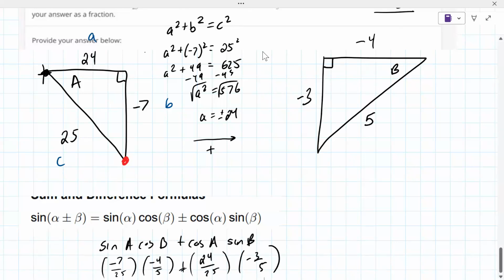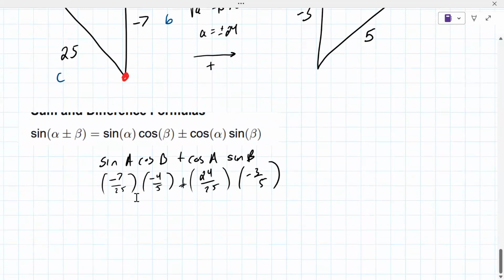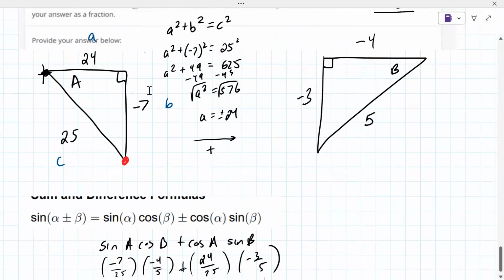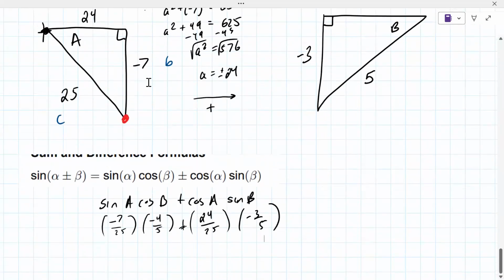24/25 times -3/5. So, in our class, is there a way to memorize how you knew that it was 7/24? Doesn't that have to do with cosine and sine and SOHCAHTOA?